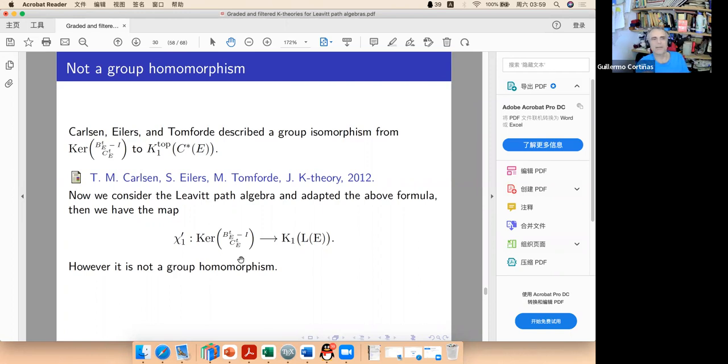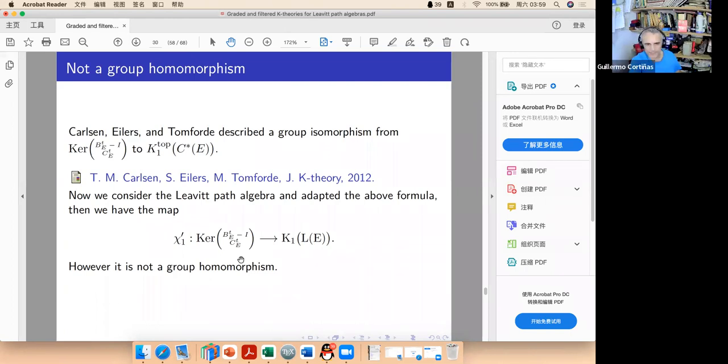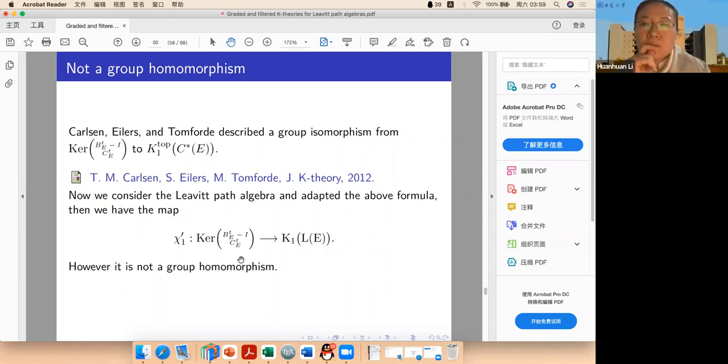But the point that Huanhuan Li and her co-authors are making is that they want some canonicity, not something where you need to choose a basis. Right, because you want to satisfy everything when doing filtered K-theory, and you want those maps to be canonical in some sense.